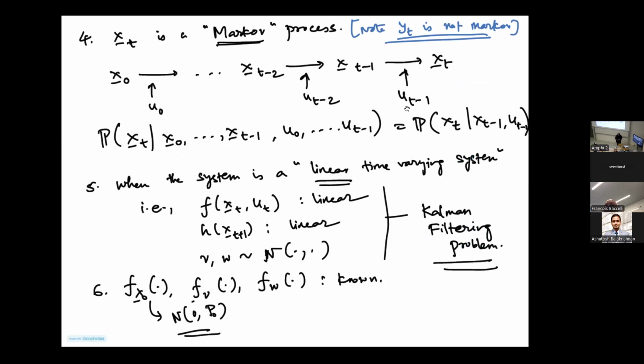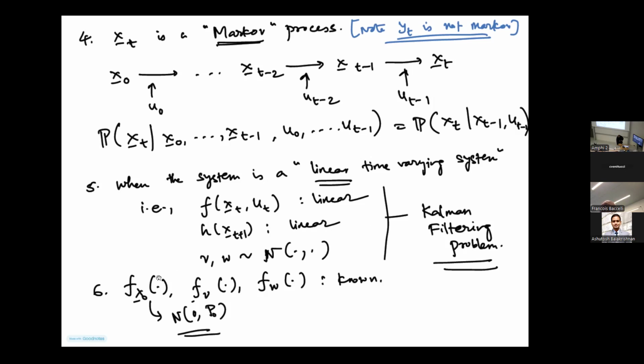The more observation samples of y we have, the better is our estimate of x. And when the system is a linear time varying system, that is, the functions of x and u are linear, that is, matrices A and B are linear, the function H is also linear, and the noises are Gaussian, in that case we term this the Kalman filtering problem.